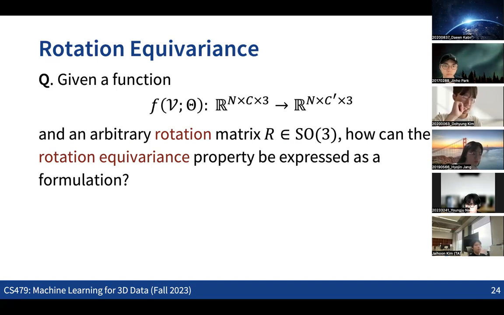We want to apply an arbitrary rotation to this input. Then how can we express the rotation equivariance with this function and the rotation matrix? This is another quiz. Do you have any answer for this?